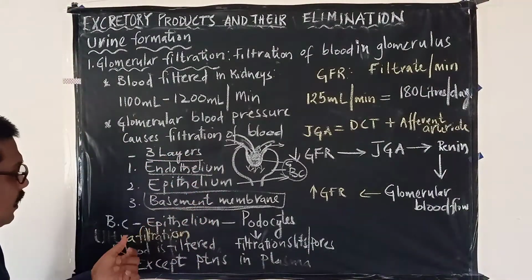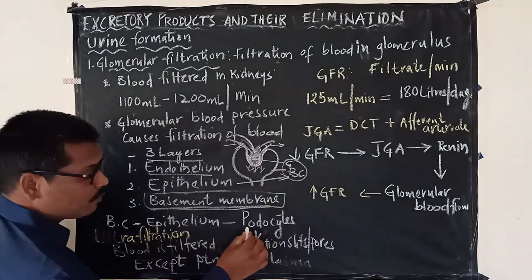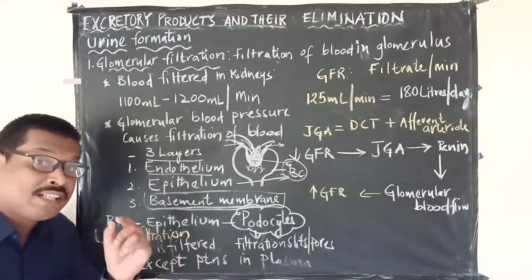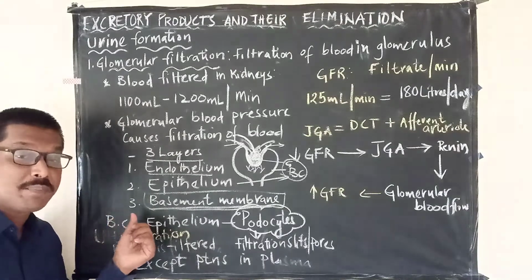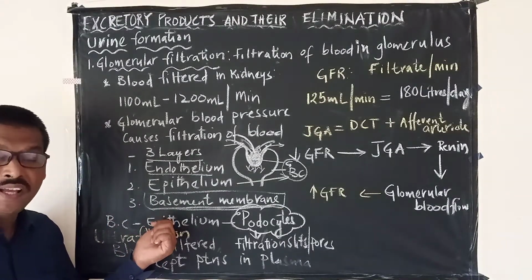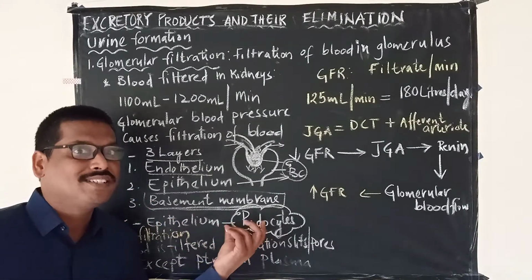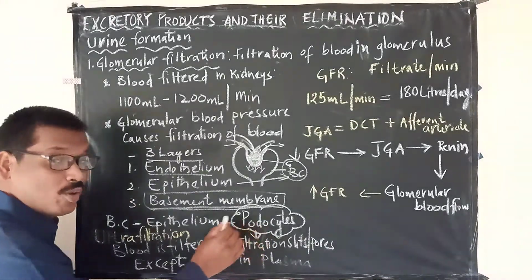Once the blood is filtered, we have to remember a very, very important point for your objective part: the Bowman's capsule is made up of one layer, what we call epithelium. In this epithelium there are specialized cells called what? Podocytes.